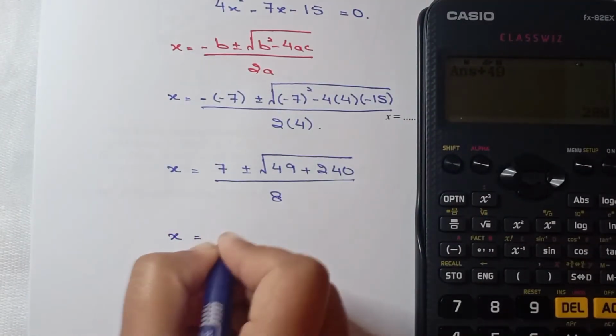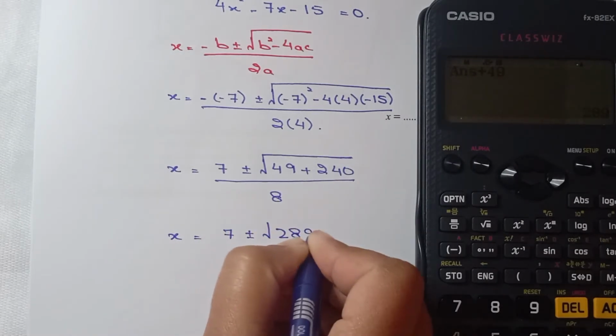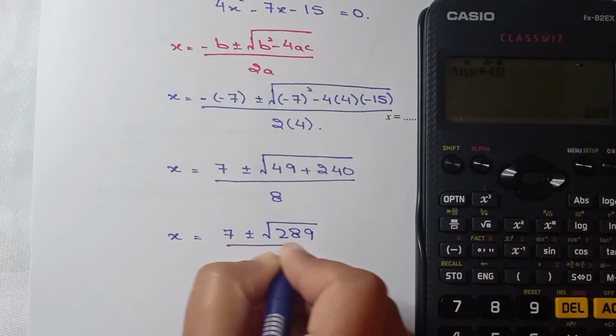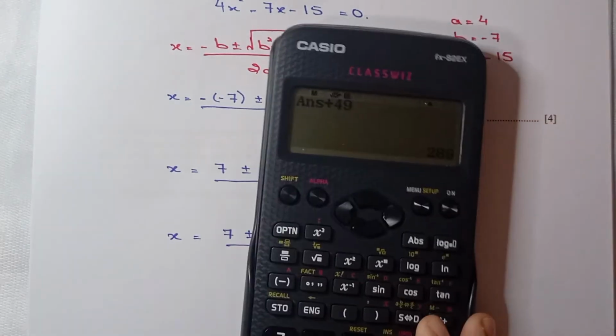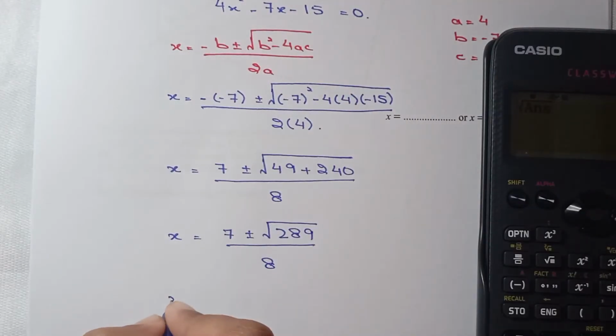So x would be 7 plus minus square root of 289 divided by 8. So what is square root of 289? This would be 17. So x is equal to 7 plus minus 17 divided by 8.